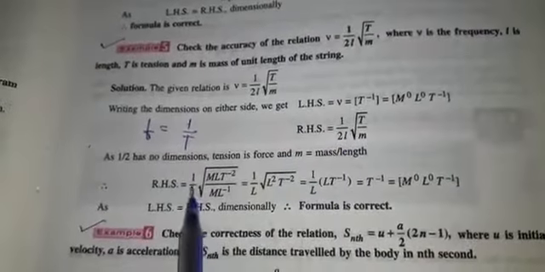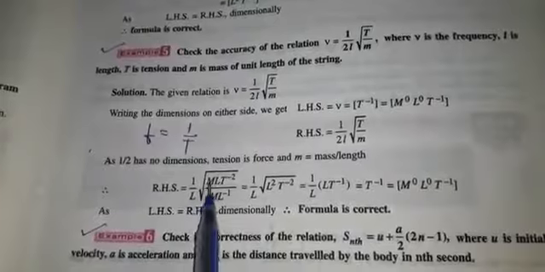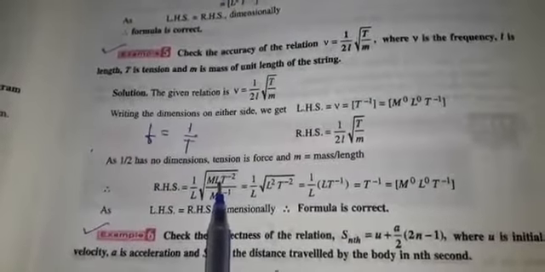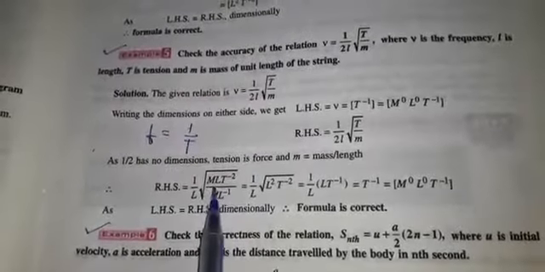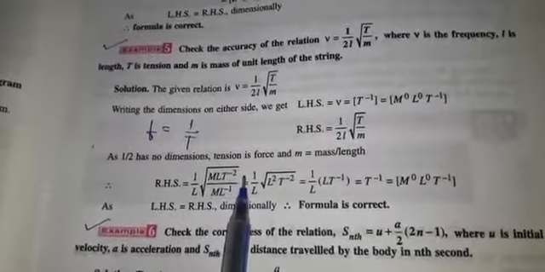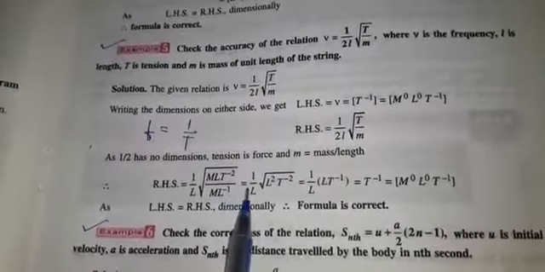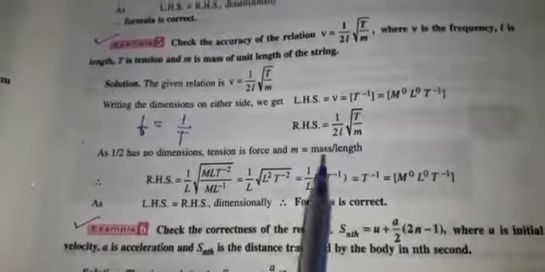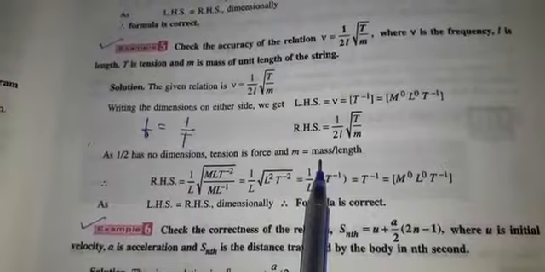So we write the dimension 1 by L for length, and in the bracket, what is the dimension formula of T? T is the force, and the formula of force is mass into acceleration. Mass is M1, acceleration is L1 T minus 2, upon M, which is mass upon length, so M1 L minus 1.